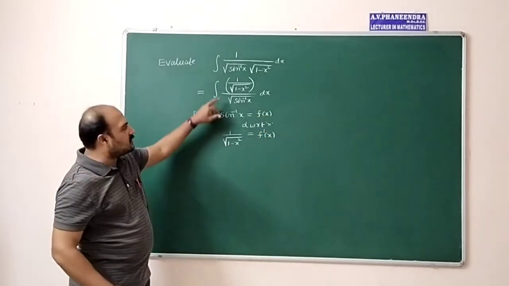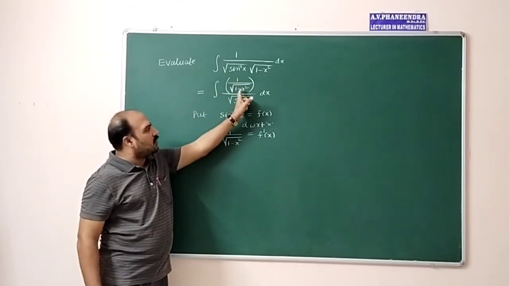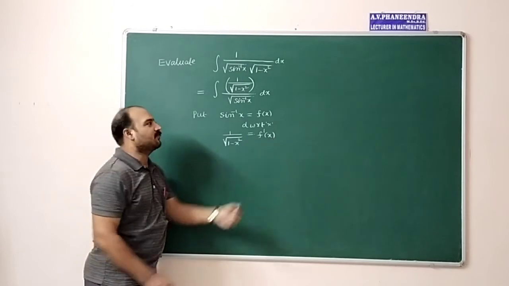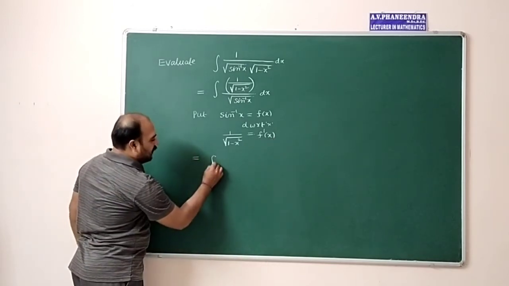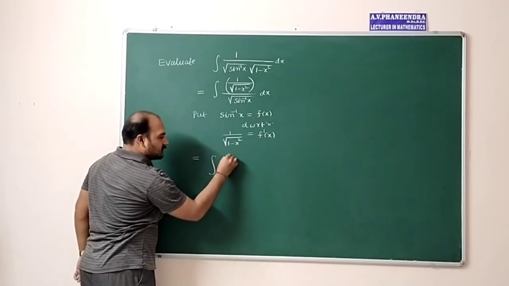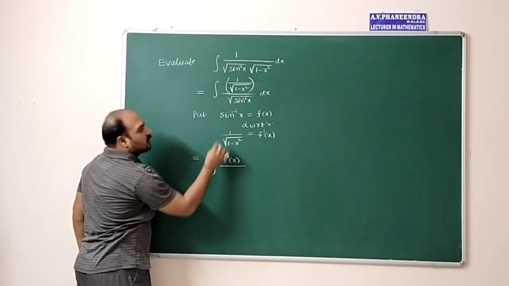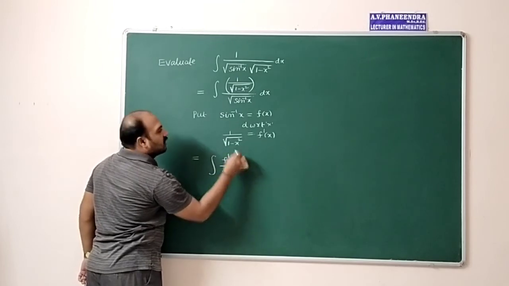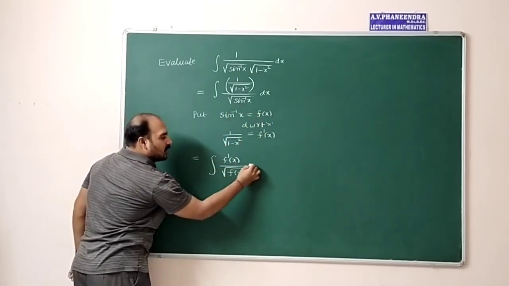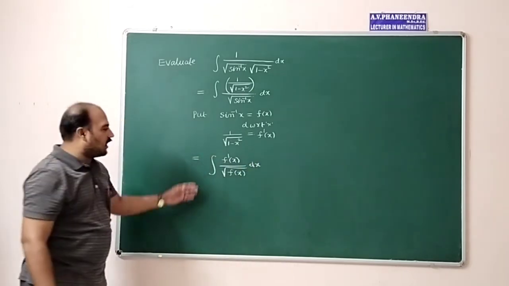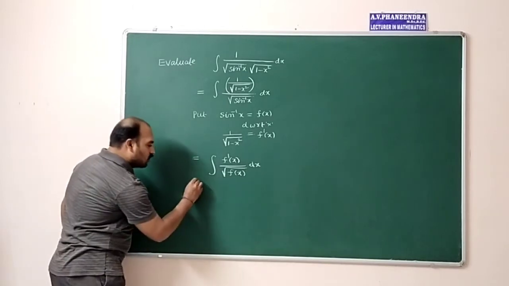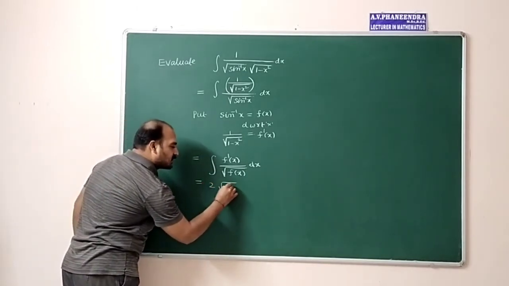Now observe this: 1 by square root of 1 minus x square, we replace with f dash of x, so the integral has this numerator as f dash of x, divided by square root of sin inverse x, which we assumed as f of x. We know it is in the formula form: integral f dash of x by root f of x dx is 2 root f of x plus c.